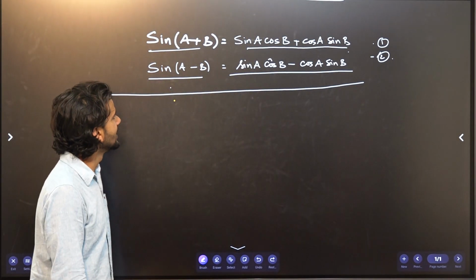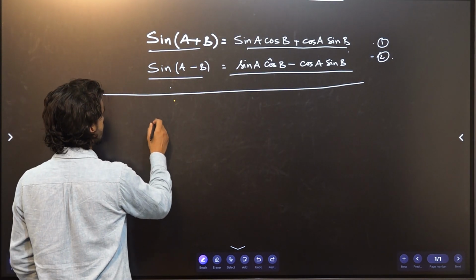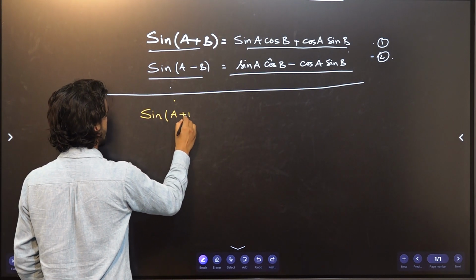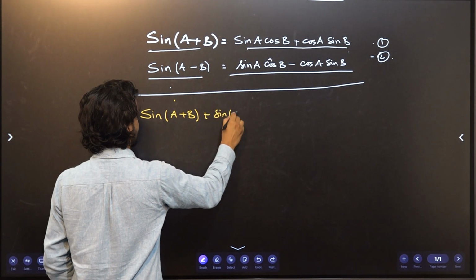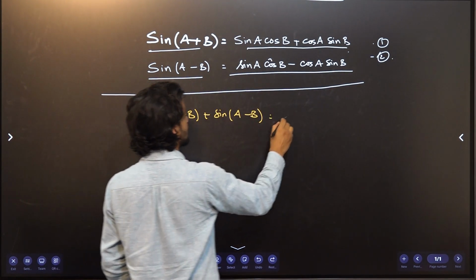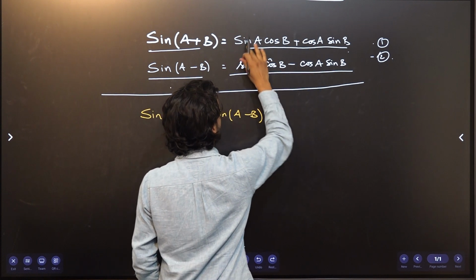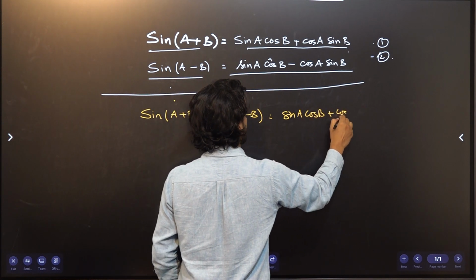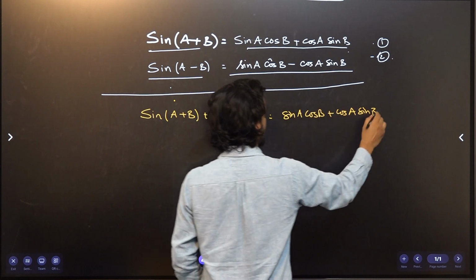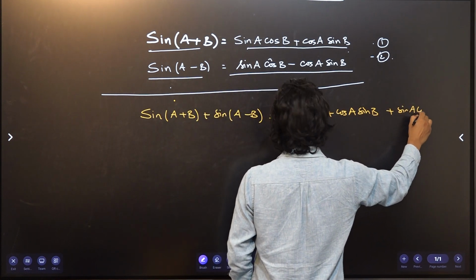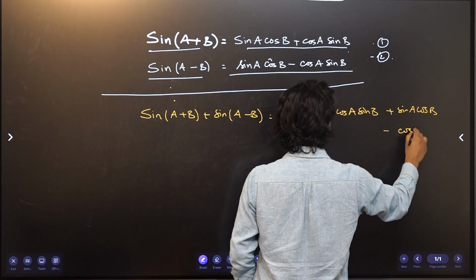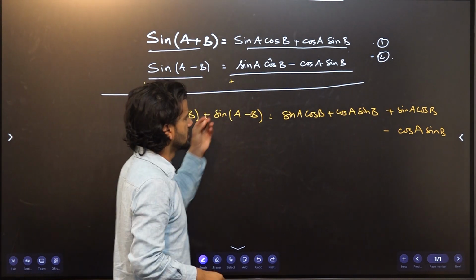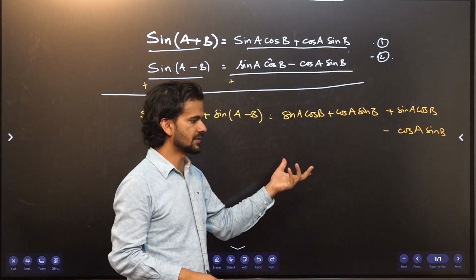And all that remains is 2 sine A cos B. So sine A plus B plus sine A minus B is equal to 2 sine A cos B. Let's add these two: sine A cos B plus cos A sine B plus sine A cos B minus cos A sine B. Actually this is plus here, but when you multiply by plus, the sign does not change.